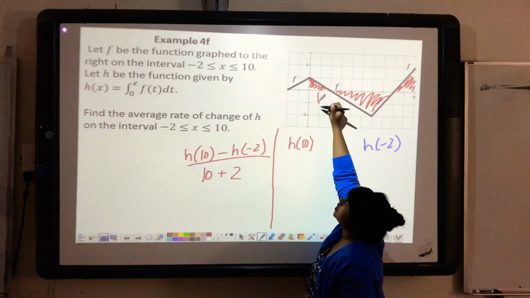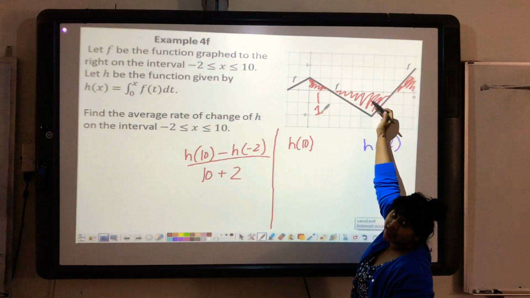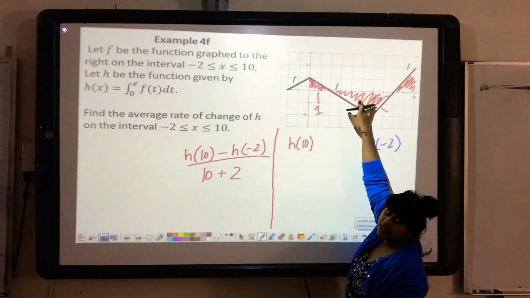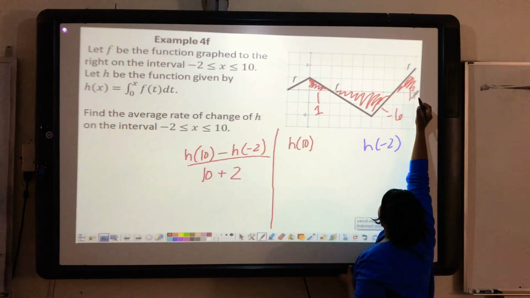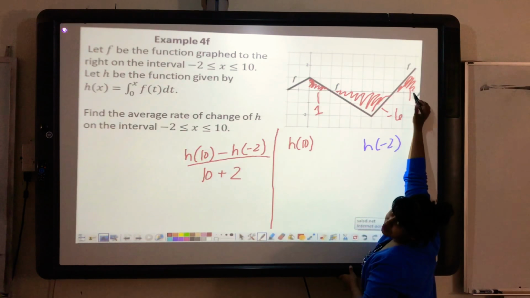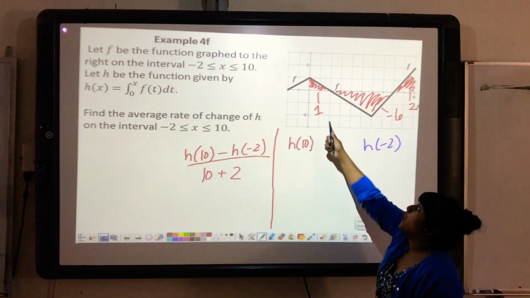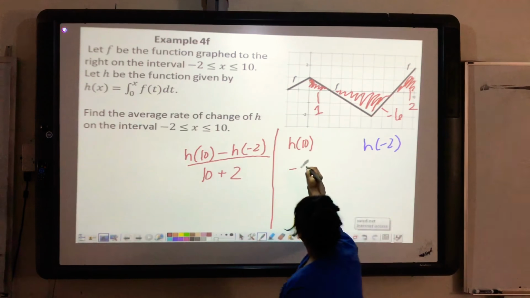We know this one, we solved this one. This is 1. I'll tell you this right here, base of 6, height of 2. My area is 6, not quite. My area here is negative 6. And then this final area is 4 and 4, so, 2 and 2, so 2. So if I add these up, 1 plus -6 plus 2 gives me -3.